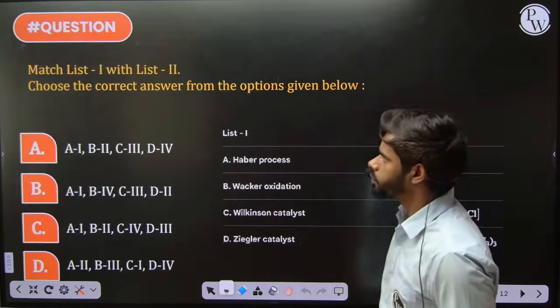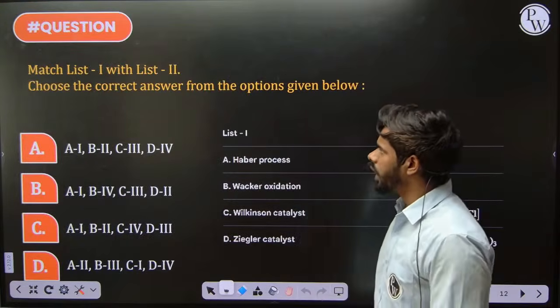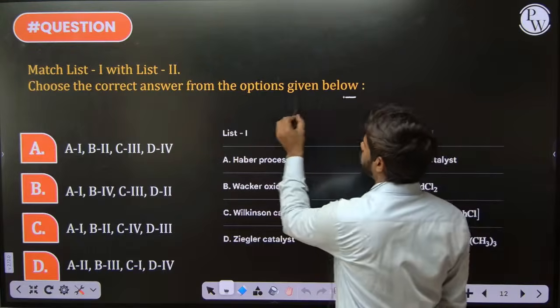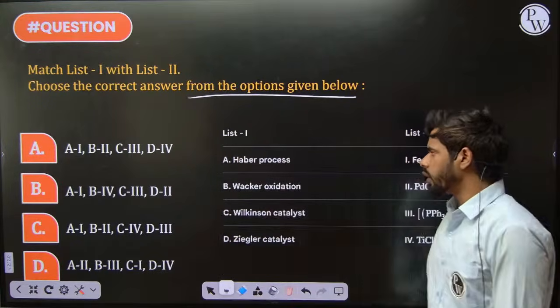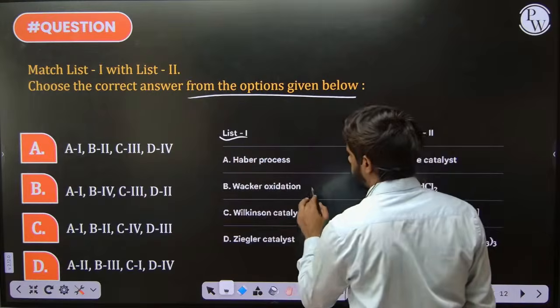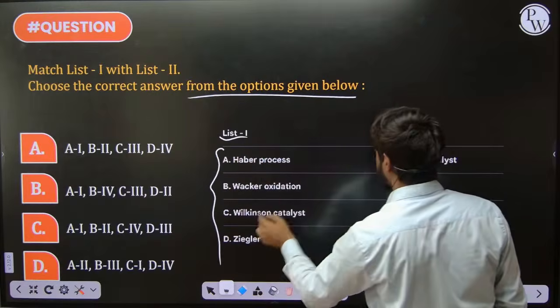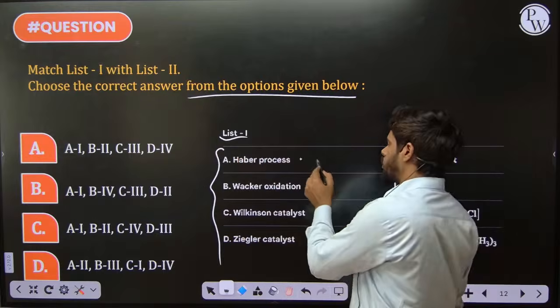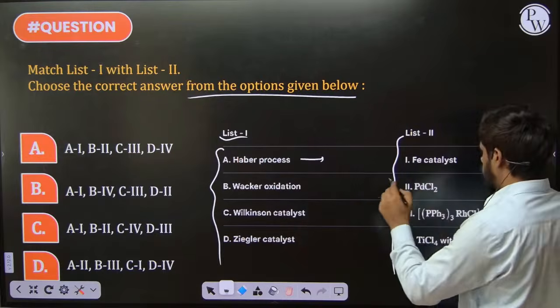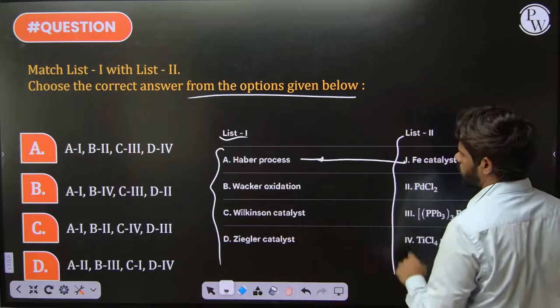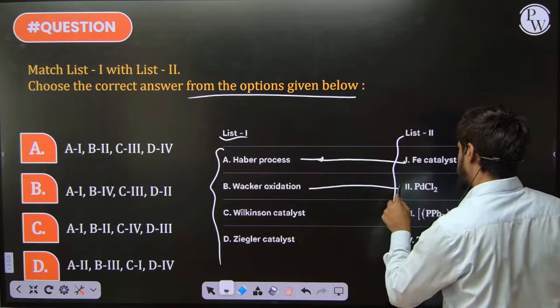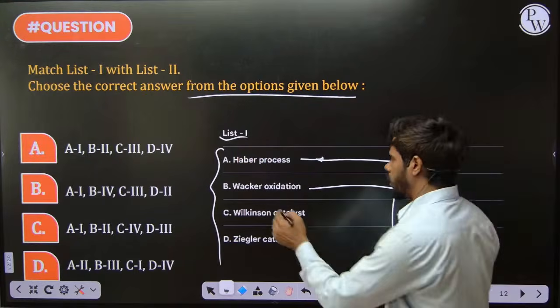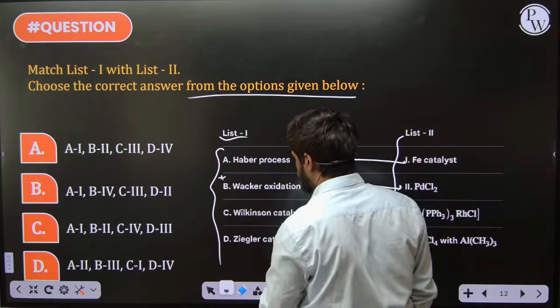Next, there is a question: choose the correct answer from the options given below. In list one, some processes are given, and in the second list, catalysts are given. Haber's process, as we know, uses Fe catalyst. Wacker's oxidation uses PdCl2, which you can remember from organic chemistry.